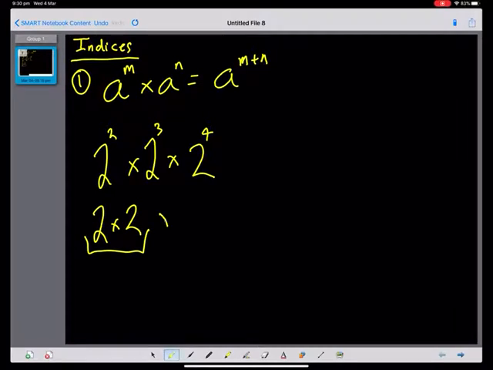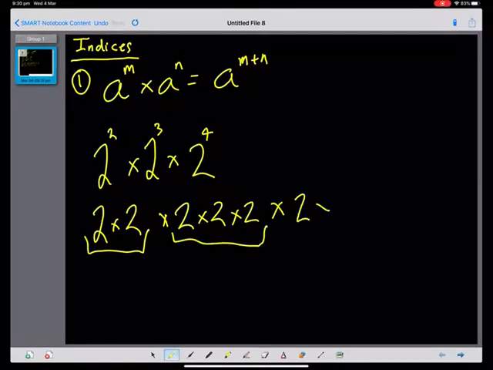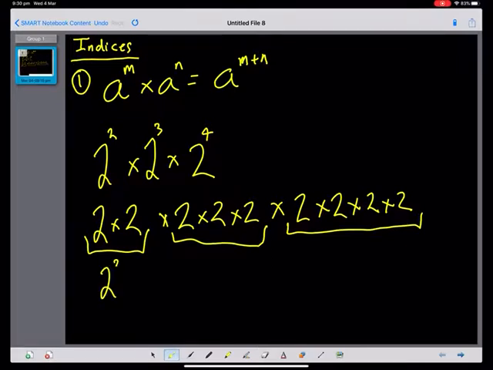The 2 cubed is 2 times 2 times 2. And the 2 to the power of 4 is 2 times 2 times 2 times 2. That is the 2 squared, that is the 2 cubed, and that is 2 to the power of 4.